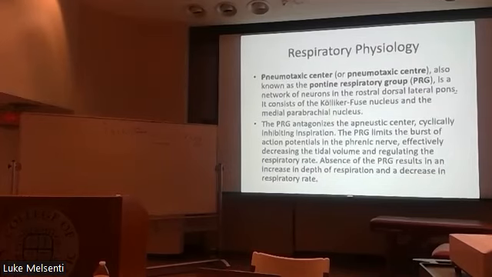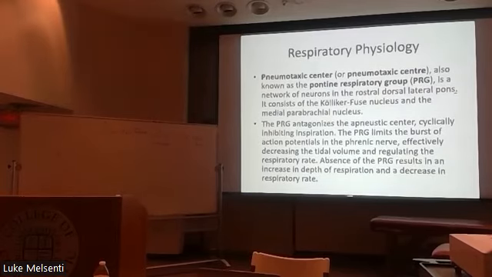Pneumotactic center is also known as the pontine respiratory group. These are in the rostral, dorsal, lateral pons. The Kölliker-Fuse nucleus and the medial parabrachial nucleus are the nuclei involved with this. This antagonizes the apneustic center, cyclically inhibiting inspiration.